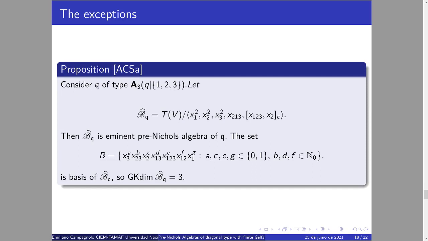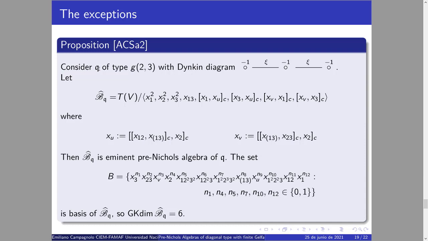And consider Q of A3 type with these parameters. Let hat B be defined like this. Then hat B is an eminent pre-Nichols algebra of Q, and the set B is a PBW basis of hat B, so the Gelfand-Kirillov dimension of hat B is 3.